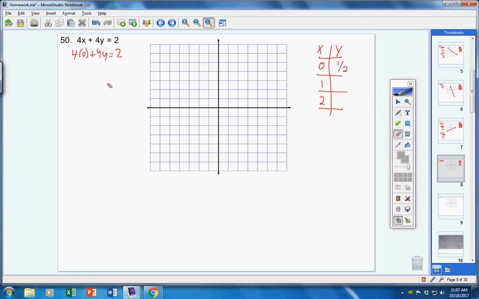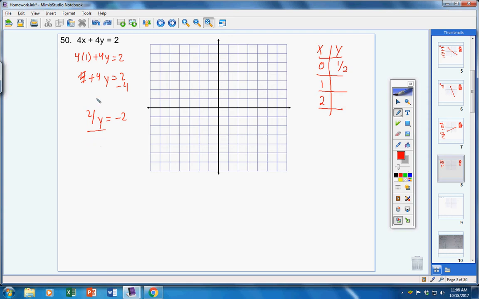Next, I'm going to substitute 1 in for x. 4 times 1 is 4. Bring your 4 over, make it a negative 4, and we're left with 4y equals negative 2.